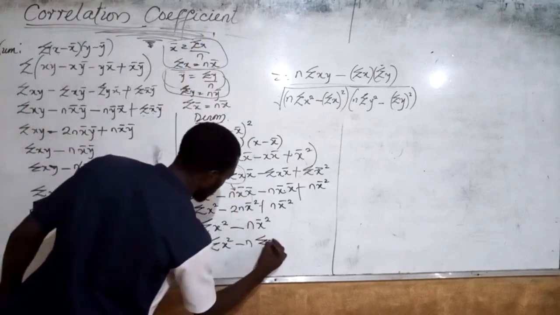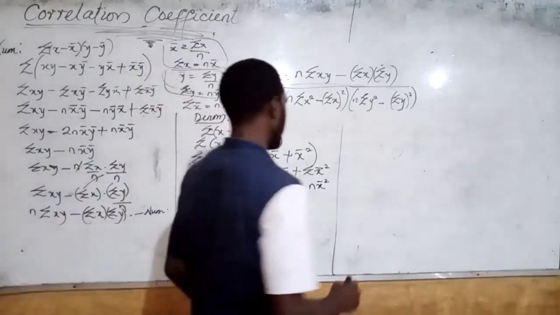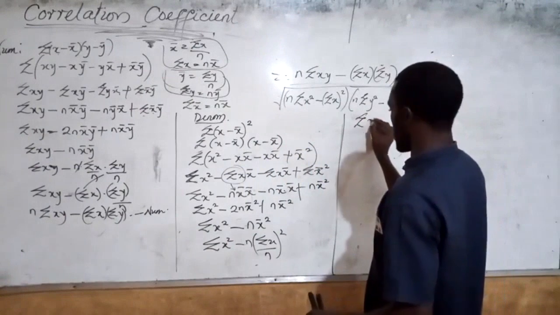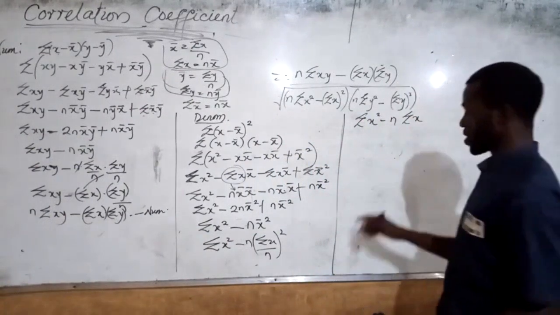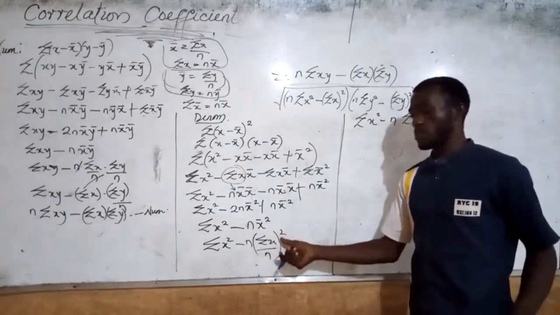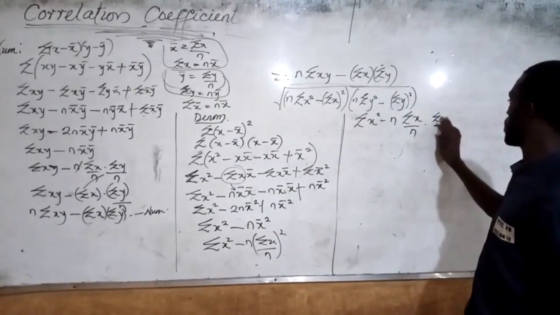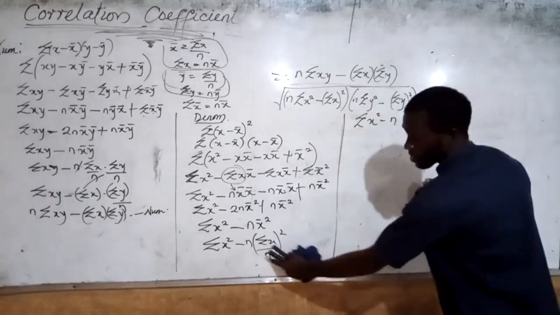So we have summation of x over n all squared. I hope that is clear. So I'm transferring this here so that we have summation of x squared minus n summation of x over n dot summation of x over n. So I've expressed this bracket in full.